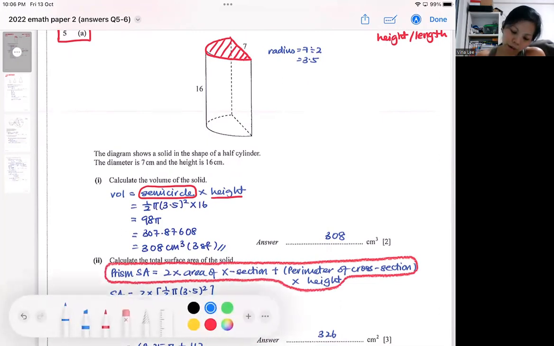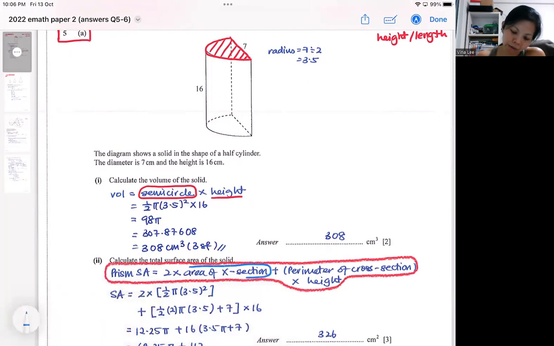I will need the area of the cross section, which in this case is the semicircle. I will also need the perimeter of the cross section. As long as I have these two components, I'll be able to find the prism surface area.